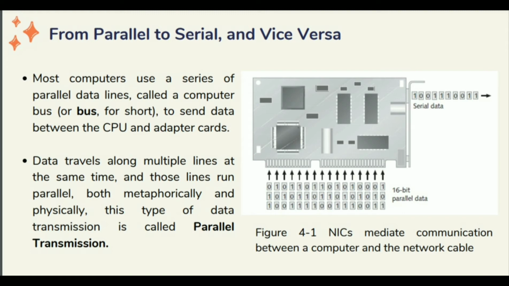This allows the computer and adapters to exchange data equally to the number of lines that extend between them. Because data travels along multiple lines at the same time and those lines run parallel, both metaphorically and physically, this type of data transmission is called parallel transmission.